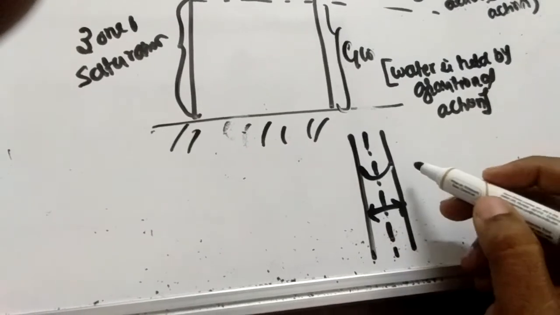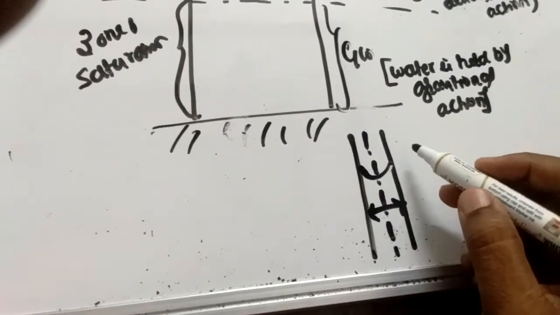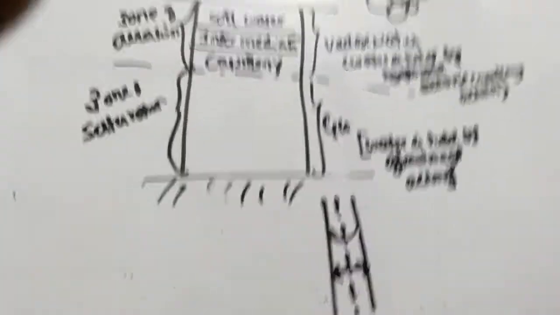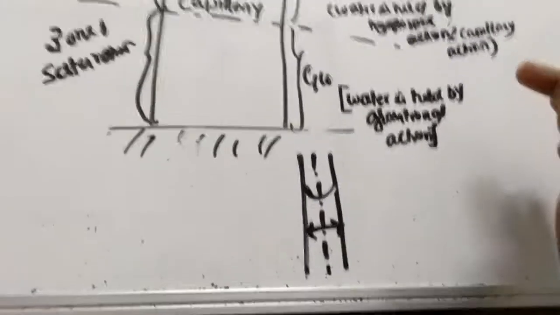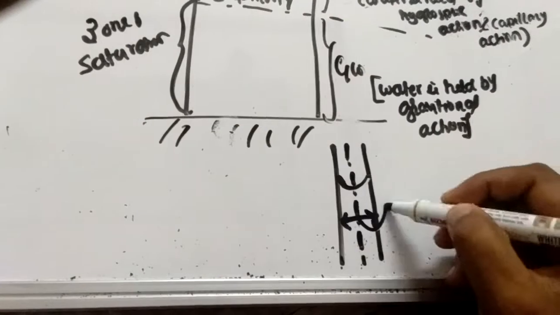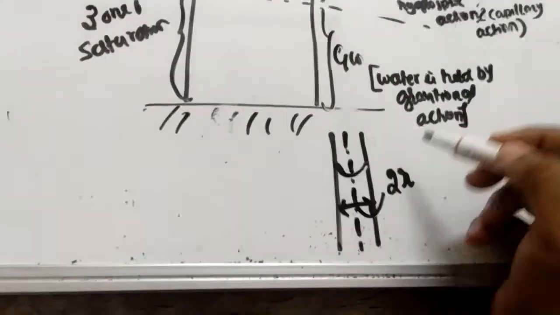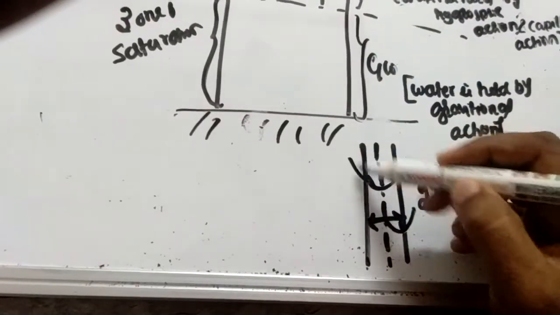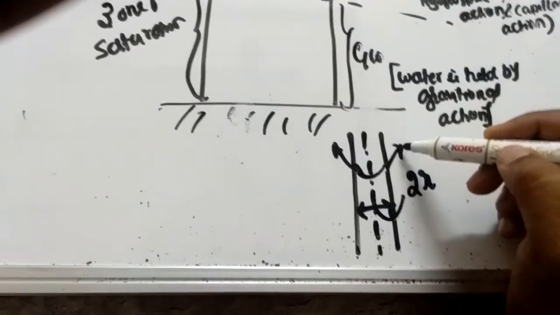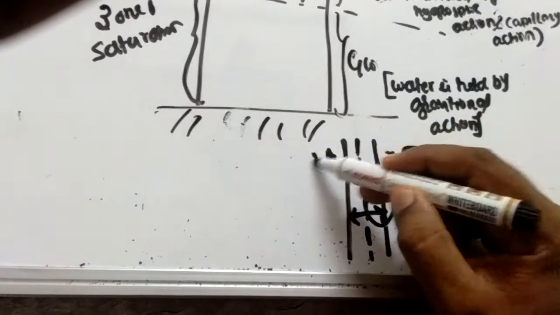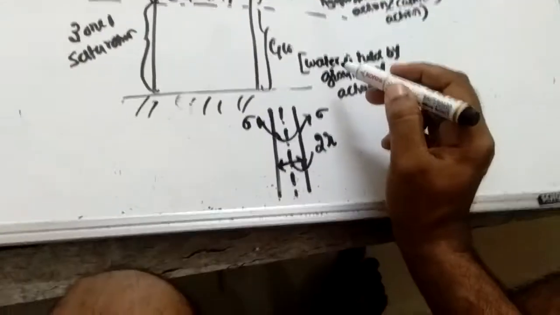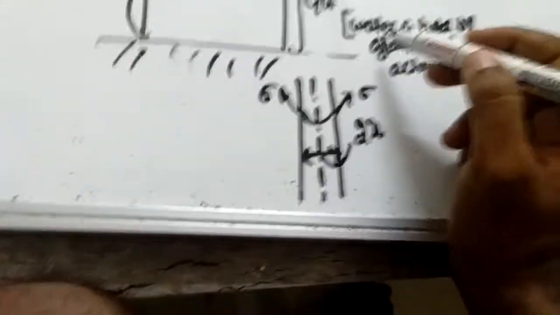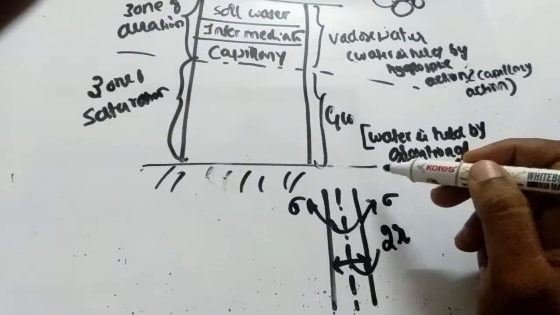The diameter of the tube is given by 2r. Surface tension force is measured by force per unit length, and this angle is theta.